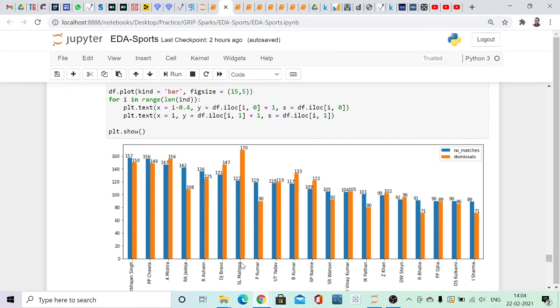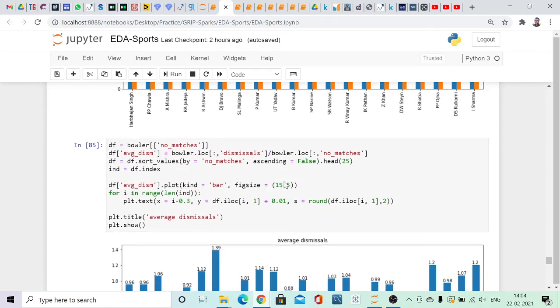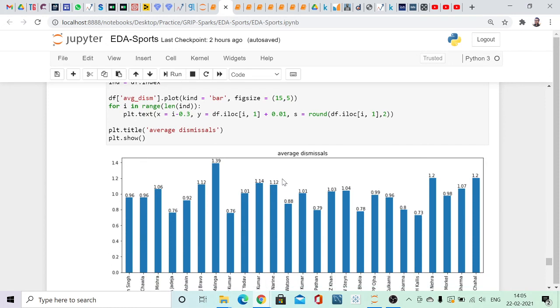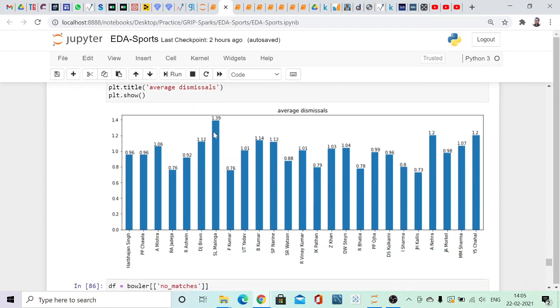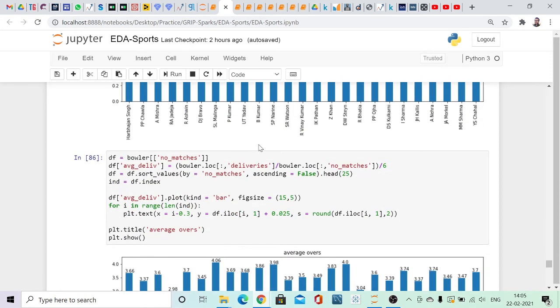So we can see for Malinga, Bravo, Bhuvneshwar Kumar, the wickets taken have been relatively higher in comparison to the matches played by them. Now let's also see the average dismissals per match. We can also see here that Malinga, Bravo, Bhuvneshwar Kumar, Sunil Narine, Ashish Nehra, Yuzvendra Chahal have relatively higher wicket taking rate per match.